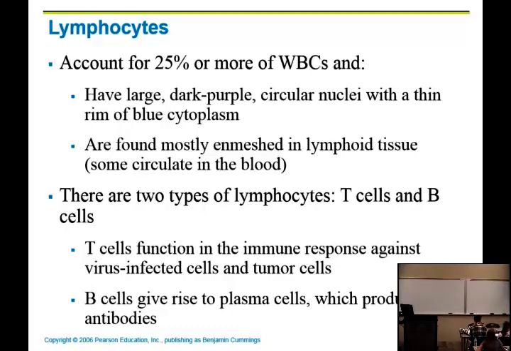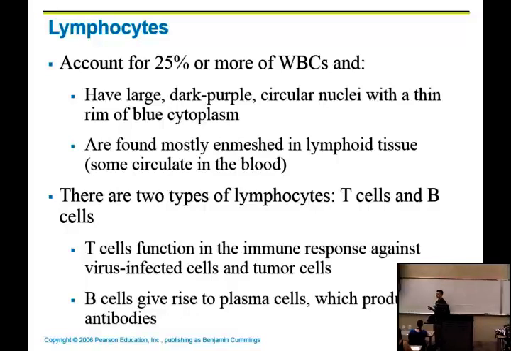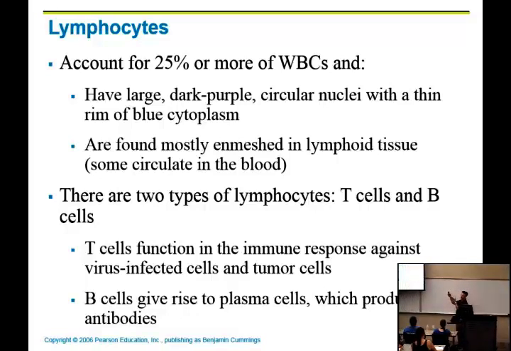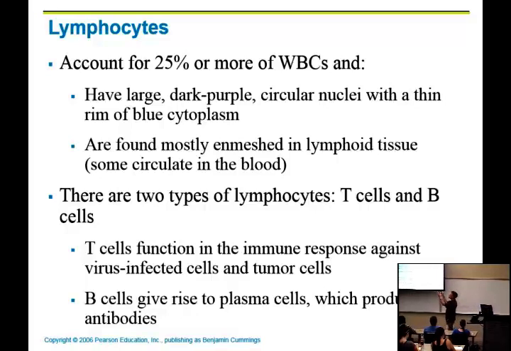T cells do a direct cell-to-cell interaction and target virus-infected cells often and cancerous tumors. But we have a whole chapter on the immune system where we will learn the details about T cells and B cells. So right now, as long as we know that lymphocytes are associated with immunity or this long-term protection from different types of disease-causing agents, that's okay for what we need to know about lymphocytes right now. Okay?